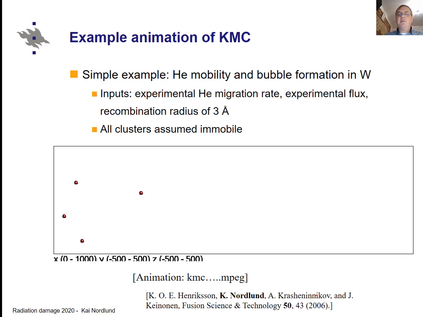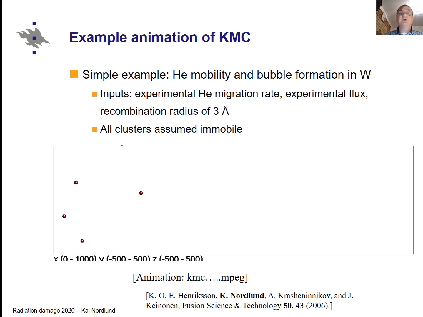This simulation was done some 15 years ago, and we now know it's not fully correct, but the qualitative picture it gives is right. What's modeled here is a single mobile species, helium atoms in tungsten, put in in an experimental fashion, but then it was assumed that when two helium atoms are close to each other, they recombine and become an immobile complex. And all of these helium clusters are assumed to be immobile bubbles which grow in tungsten.